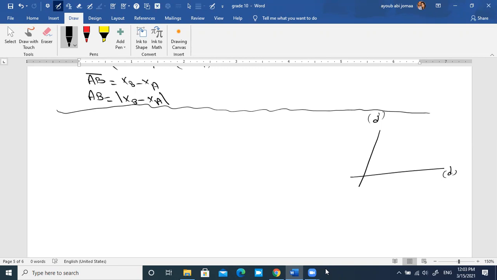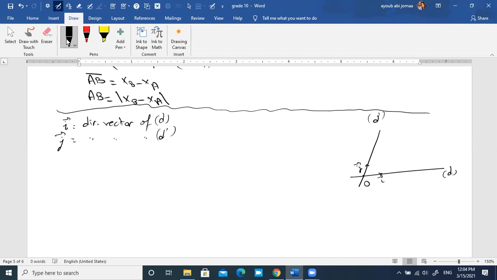And let's say that the meeting point we call O. I is a direction vector of line D, and J is a direction vector of line D prime.